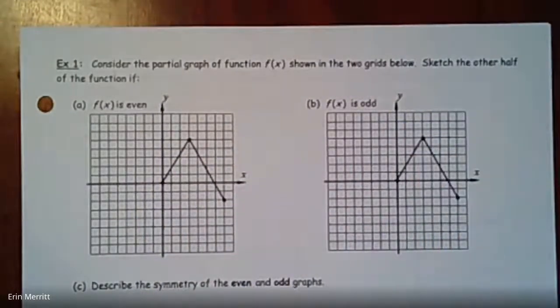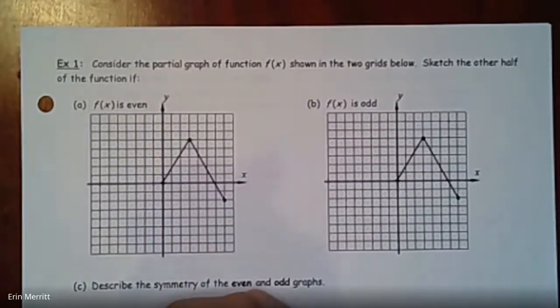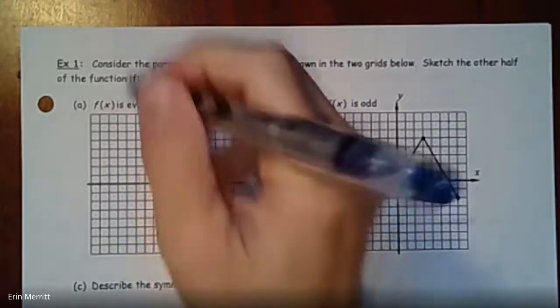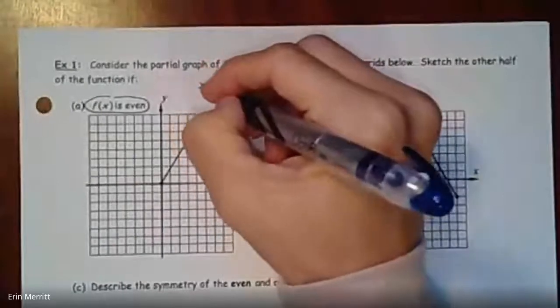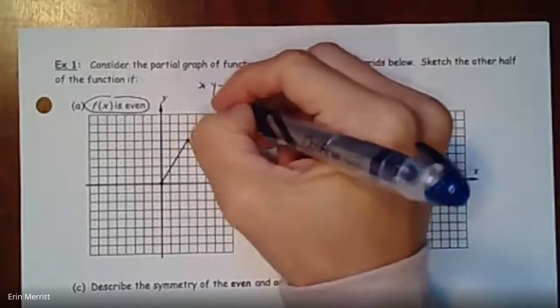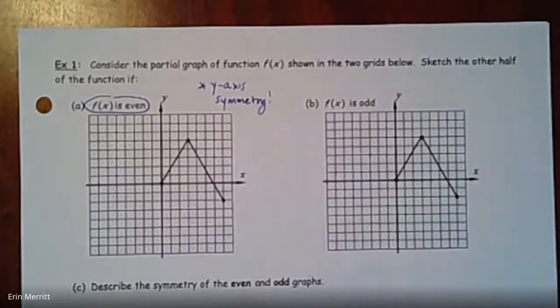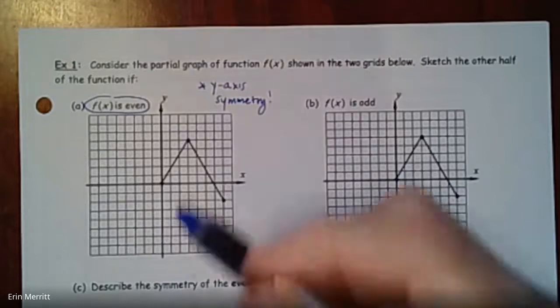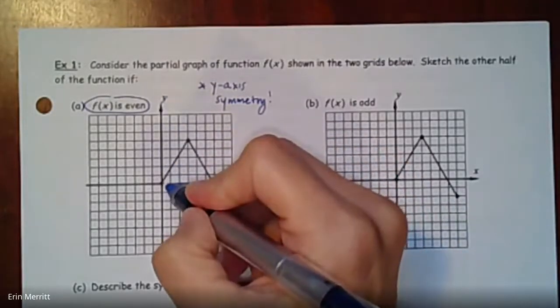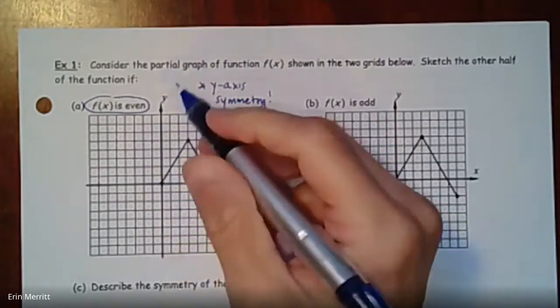I love this question because you have to think about what you know graphically about when it's even. It's an even function. It's got y-axis symmetry. So you can either take every point and think about reflecting it over the y-axis. So like the point 0, 0 would stay here, meaning it's invariant.